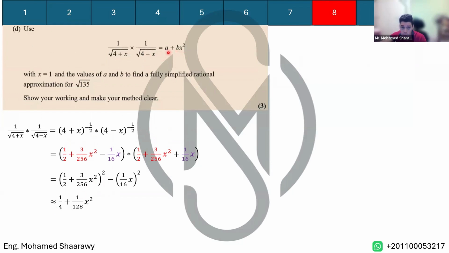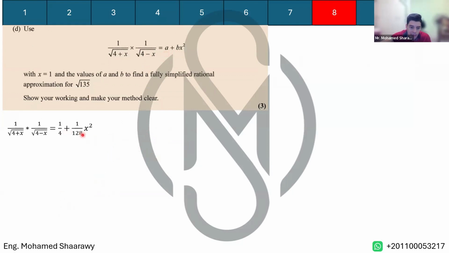Okay, now he wants me to use this, but now he didn't write approximation, he wrote equal. So he's stating that they are now equal. I can assume this. Okay, so let's say they are now exactly equal. You want me to use x equal to 1 to find something. Okay, let's first replace x with 1. So this x with 1 is root 5, and this x with 1 is root 3.